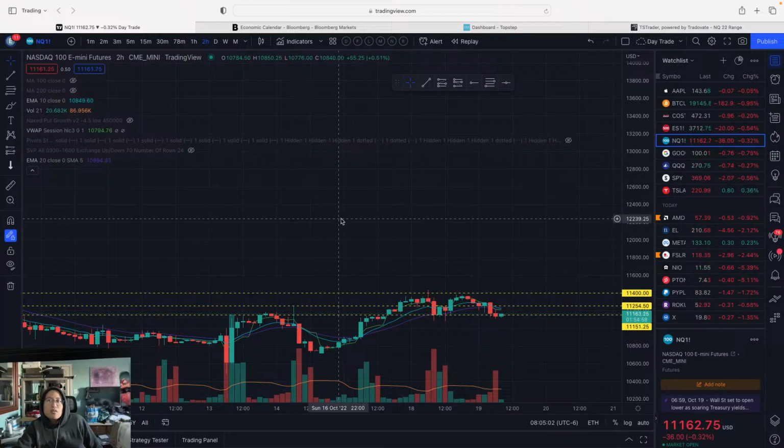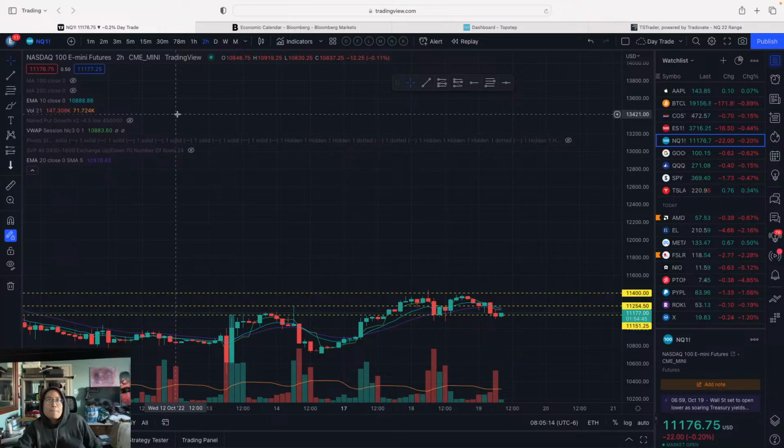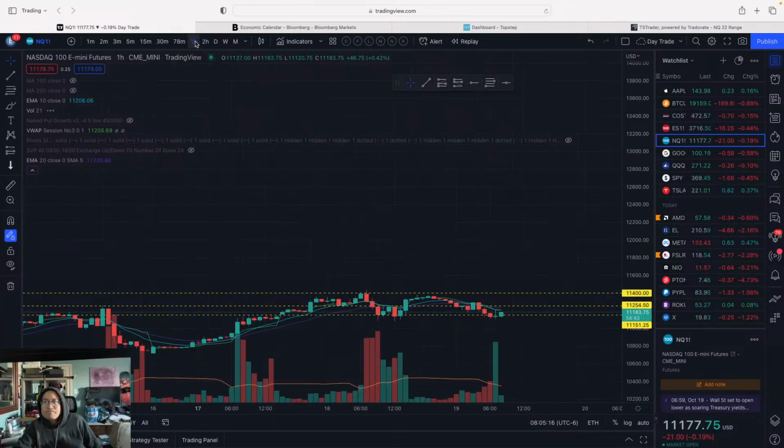But we could also just be bouncing in between these two mystical lines that I drew earlier. What else is possible? Let's see. Go to the 1-hour. So since the open, maybe that was the up and down, and now maybe we'll keep going up.